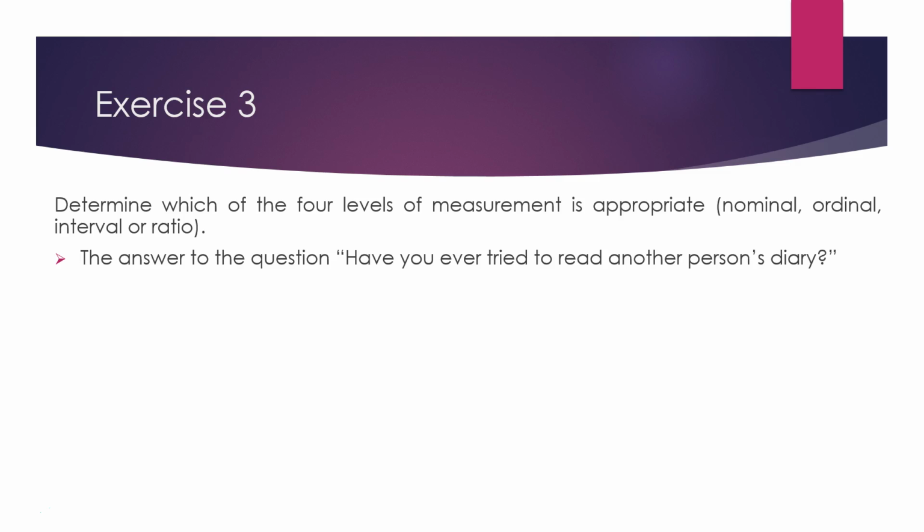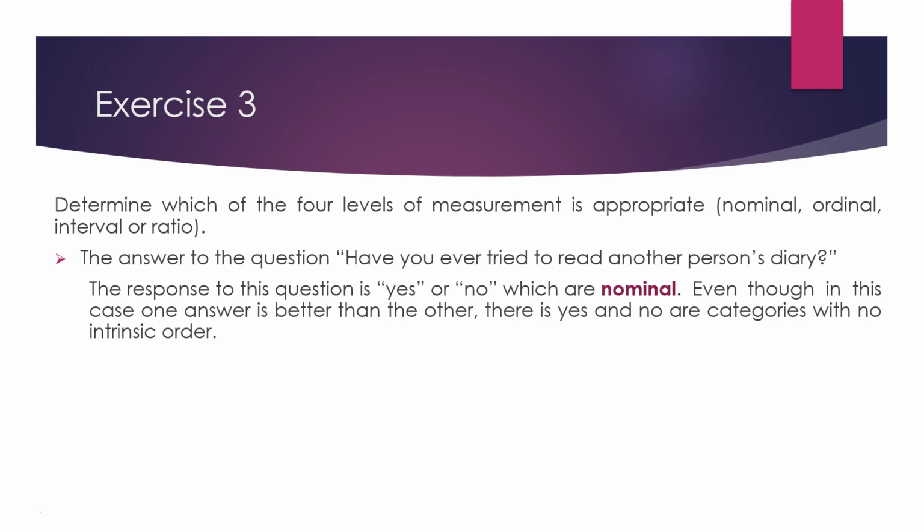In this problem itself, technically no would be a better answer because that means the person hasn't read somebody's diary, but just naturally yes and no don't have any order to them. So for that reason, this is going to be nominal. They are just names, categories, yes and no. There's no numerical values involved, and there's no order to them, so that will be nominal.